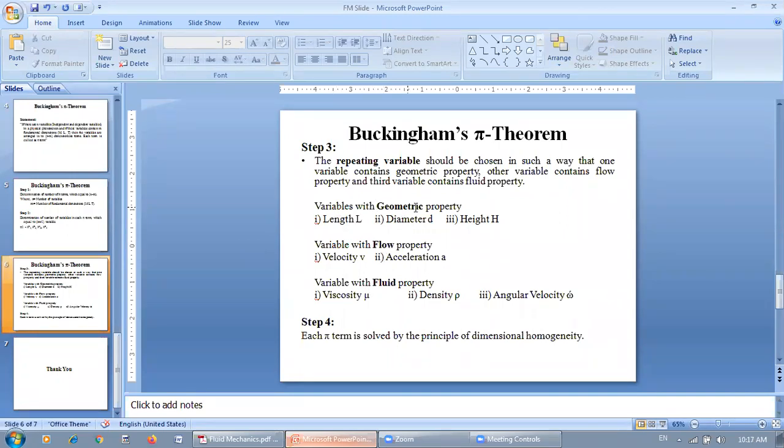Within the geometric property, again they have given the variables. Length is a geometric property, diameter and height are geometric properties. Velocity and acceleration are flow properties. Viscosity, density and angular velocity are fluid properties.